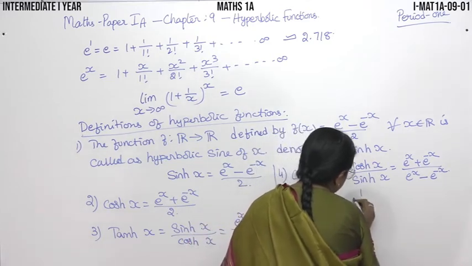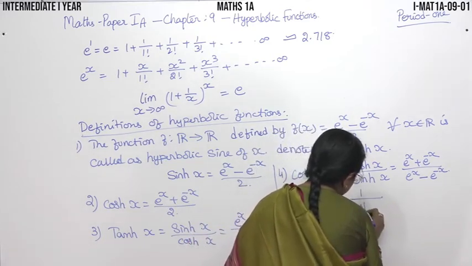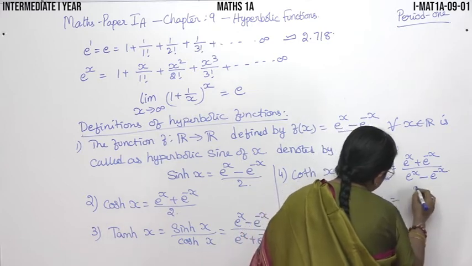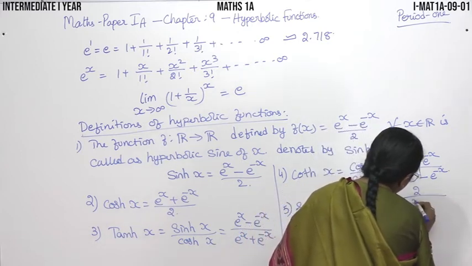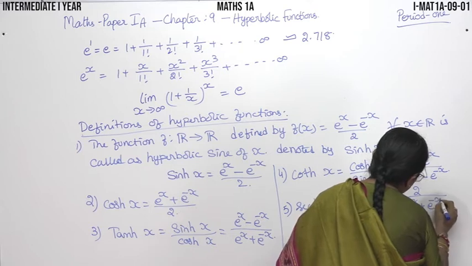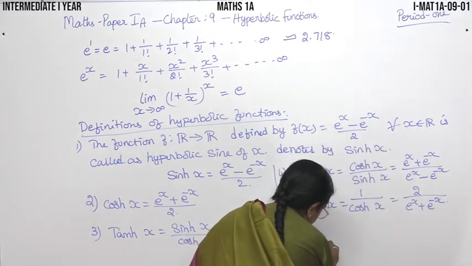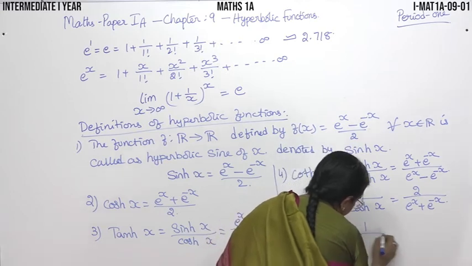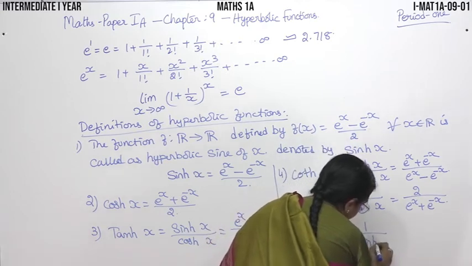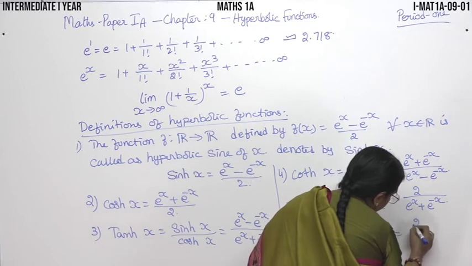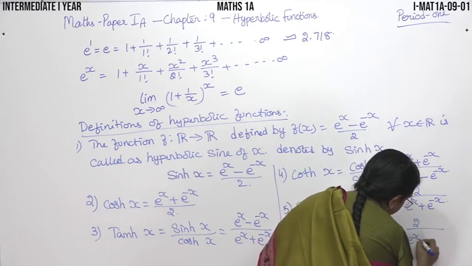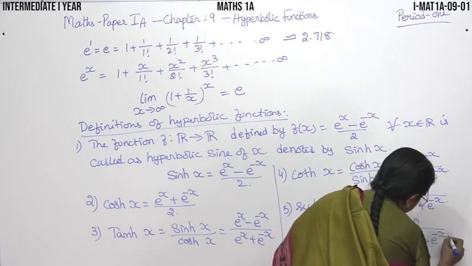Secant hx is 1 by cos hx, which is 2 by (e^x plus e^-x). Next is cosecant hx. Cosecant hx is 1 by sin hx, which is 2 by (e^x minus e^-x).